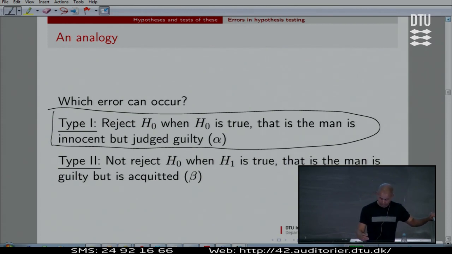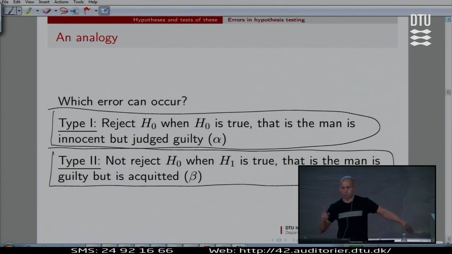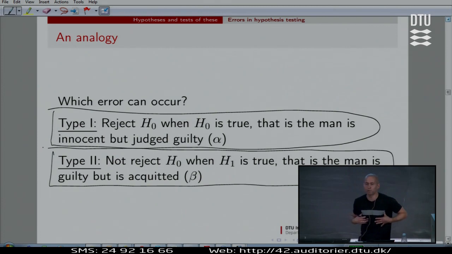The other risk, let's take it here. The good news is you can only make one mistake at a time. So if you decide to claim someone guilty because you found something, you may make a type 1 error, right? But in the other case, if you decide you have to accept the claim, you have to accept the null, then you might make a type 2 error.